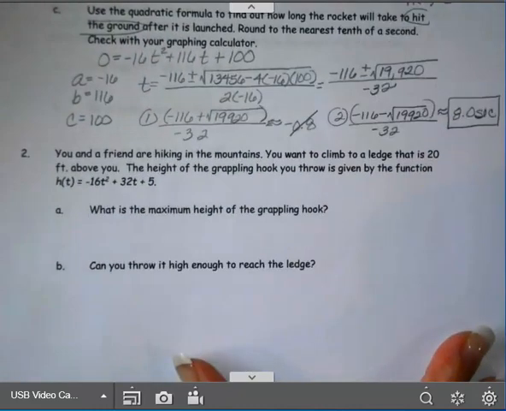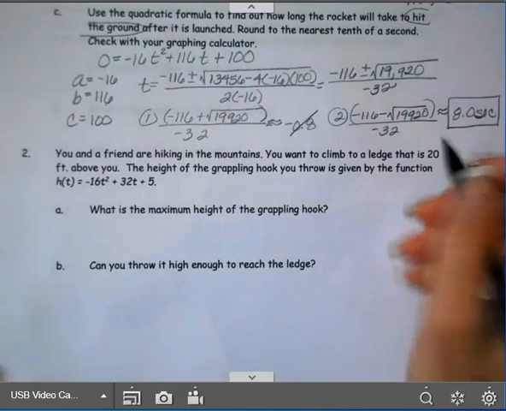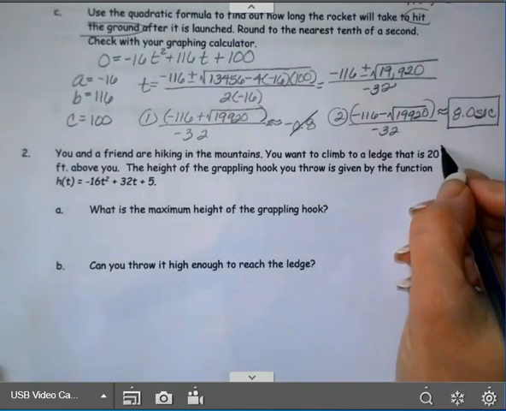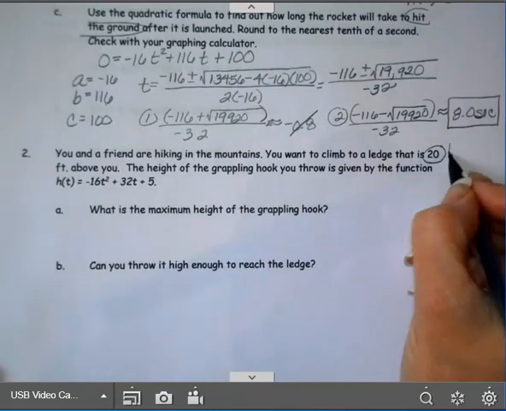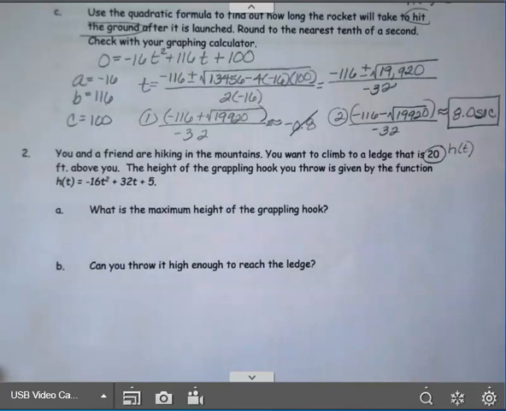For example 2. You and a friend are hiking in the mountains. You want to climb a ledge that is 20 feet above you. So they just gave us our height. The height of the grappling hook you throw is given by the following function.